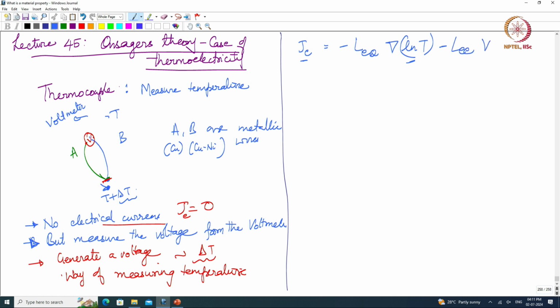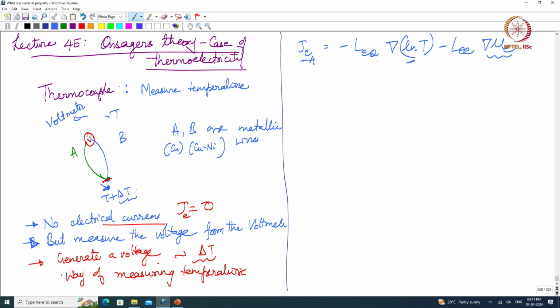This is the electric force, where the gradient of mu_E is nothing but the chemical potential gradient of electrons. So, this is in wire A.